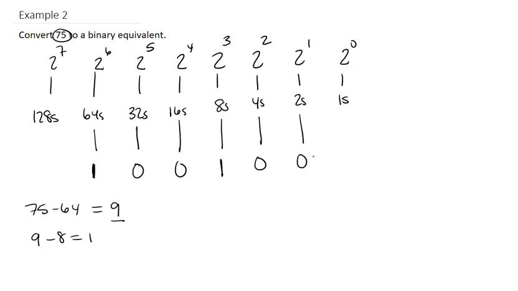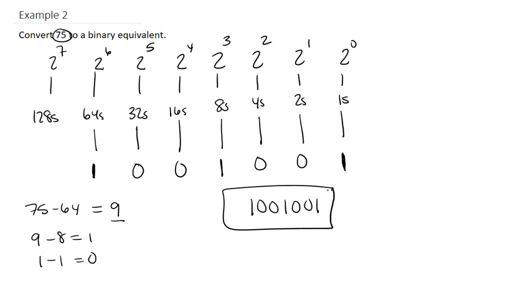Then we notice we have a whole 1. So if we went 1 minus 1, that would be 0. So we do have a 1. And so our binary equivalent is 1001001. We can write it like this. So that's our binary equivalent.